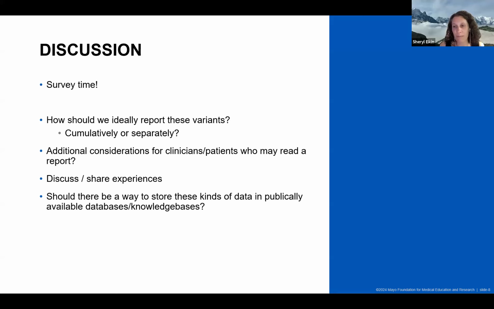That's totally legitimate, and that's part of why I said additional considerations for clinicians and patients. Really, all they're looking for is is this MMR deficient? Yes or no. Most clinicians, I think, but there's some that certainly would want more information and want to understand exactly what's going on, but maybe the minority of clinicians.